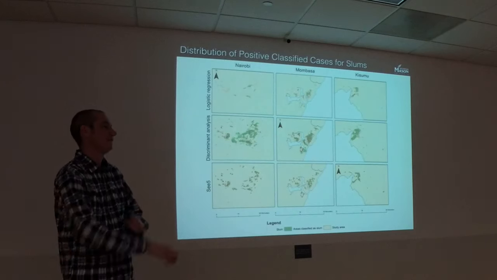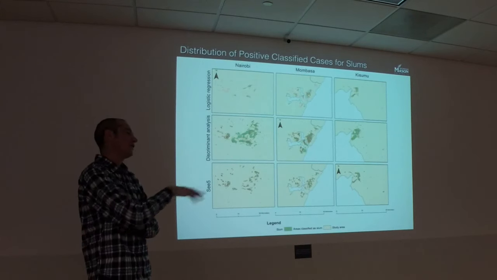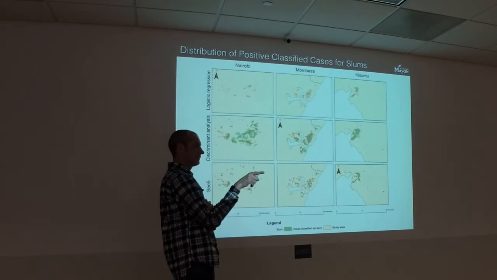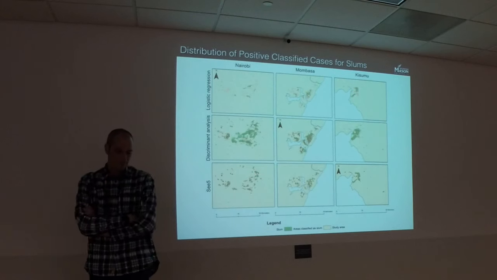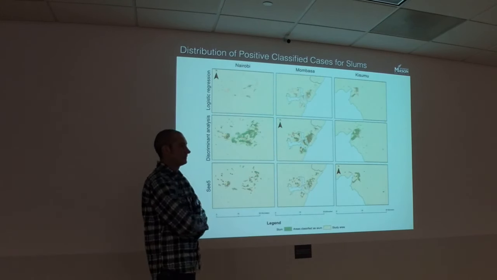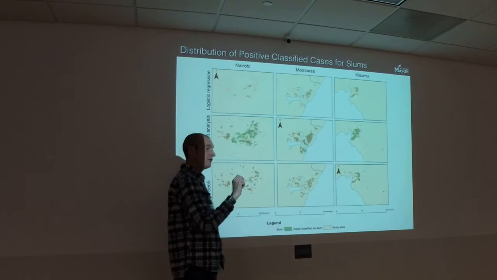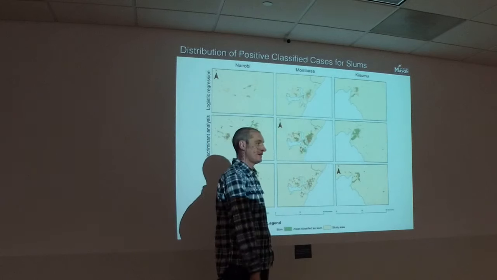Did you look at which model was better at predicting where new slums would be? No, we're not looking at new slums here. We're looking at existing slums. Right. And I'm saying, did you maybe build a model on the 2000 data and then use that model to predict where the slums were in 2014? No, we didn't. You know why? Why? We don't have the 2000 data.